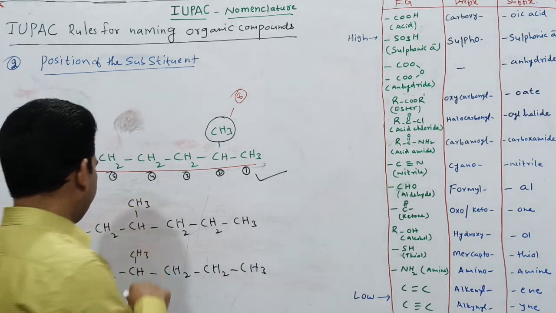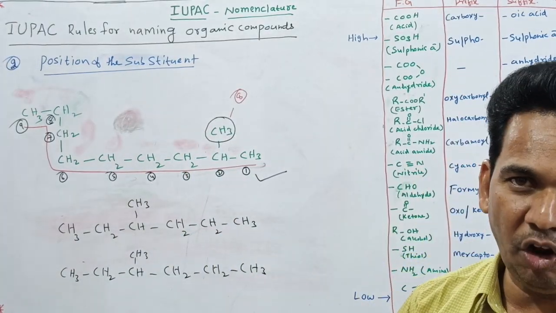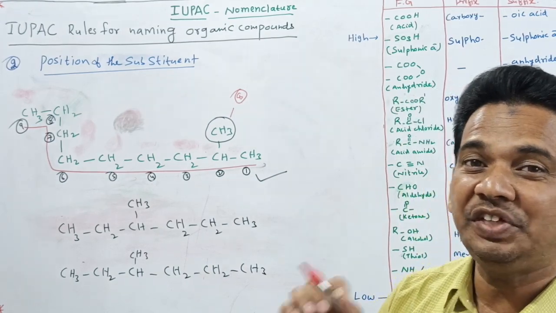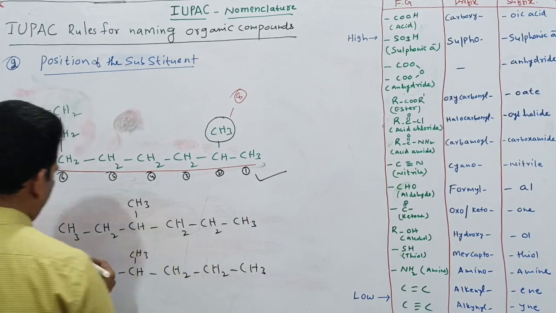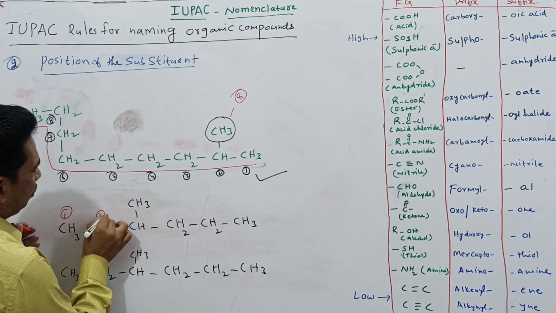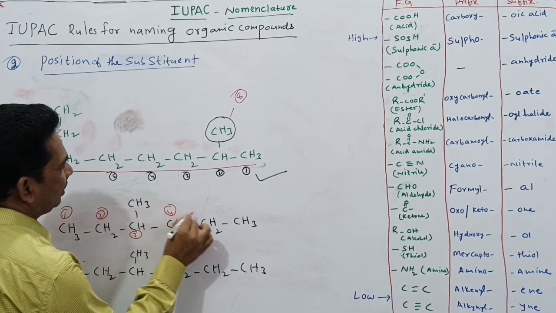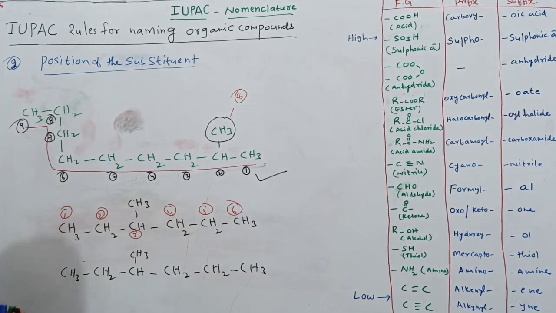Now when I am fixing the position for the substituent, what did I tell you we should observe? We have to observe which end the substituent is near. For example, if I give the numbering from this side, this is 1, 2, this is 3, this is 4, 5, 6.